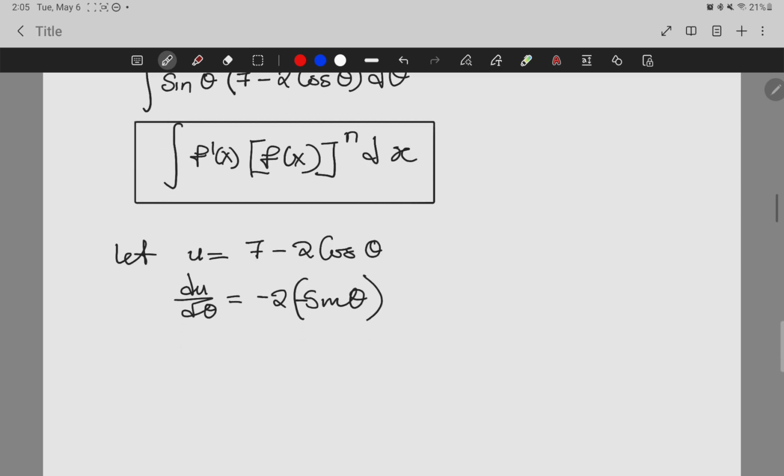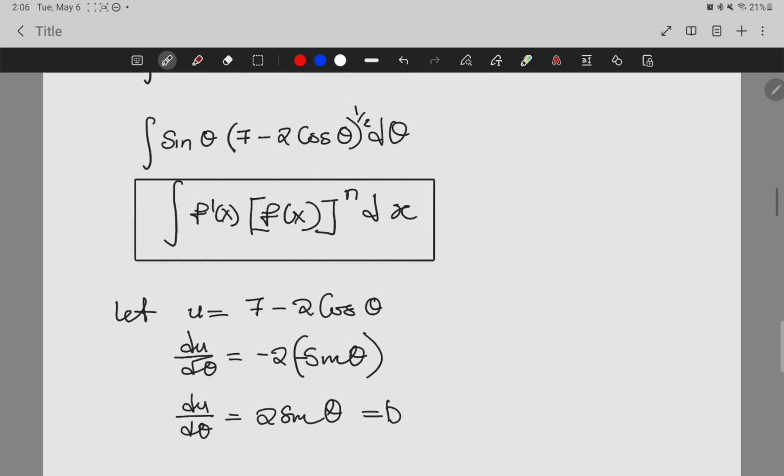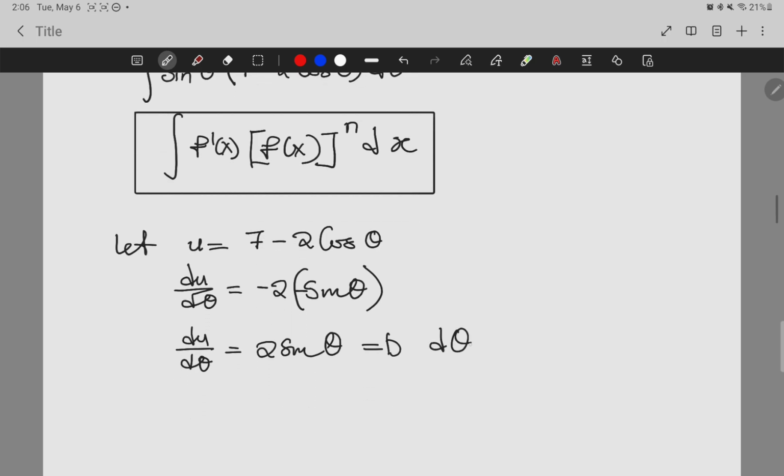So the negative and negative give positive: du d theta is equal to 2 sine theta, implying that when you make d theta the subject of the formula, d theta is equal to du over 2 sine theta.